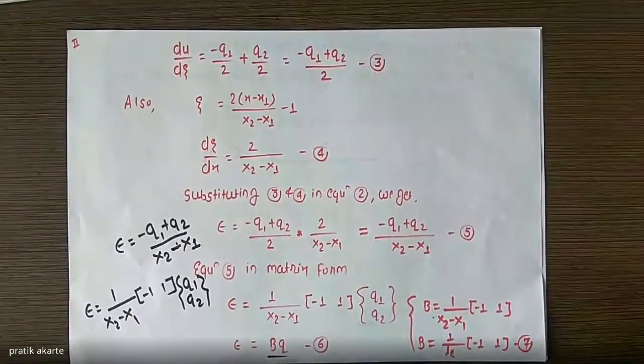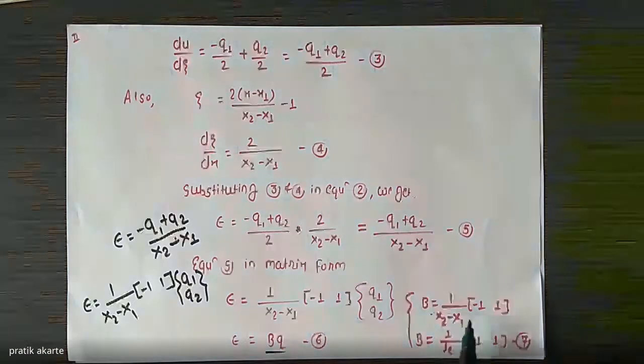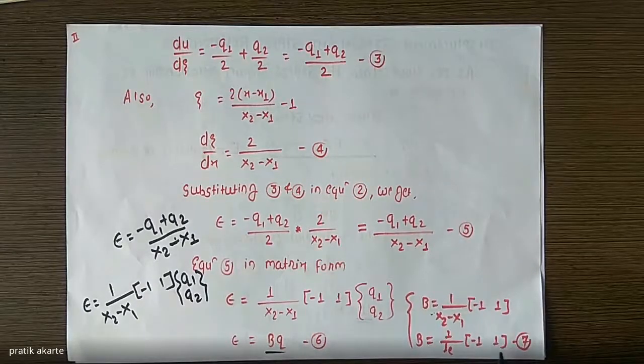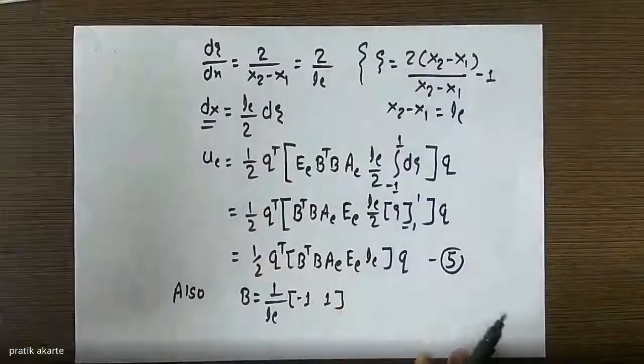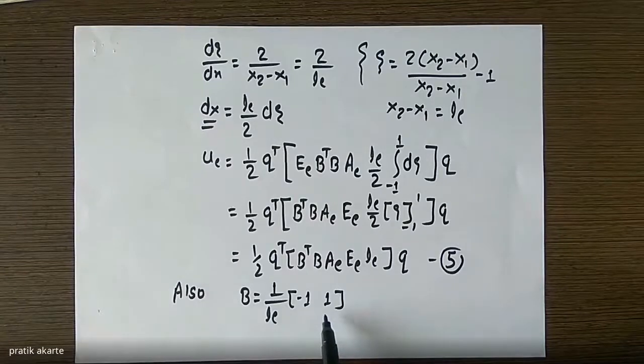While formulating this sigma, we consider this B as 1 upon x2 minus x1 times minus 1, 1. And we know that x2 minus x1 is the length of the element. That's why we consider this as equation number 7. So with reference to equation number 7, I have written this equation as 1 upon Le times minus 1, plus 1.